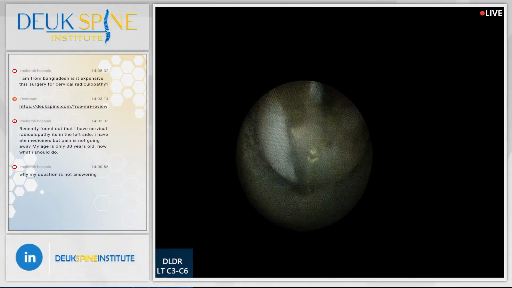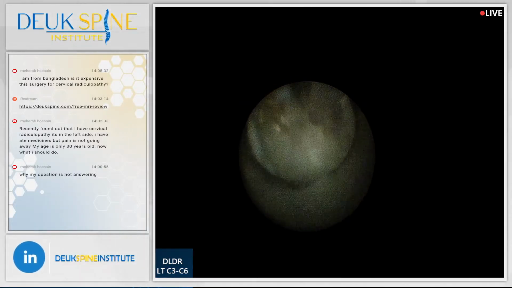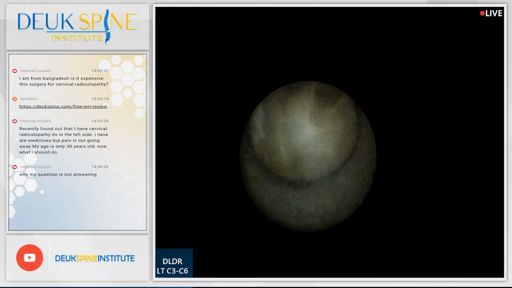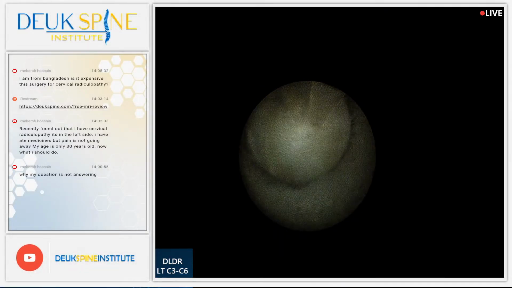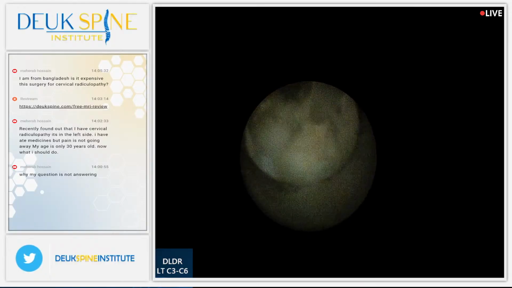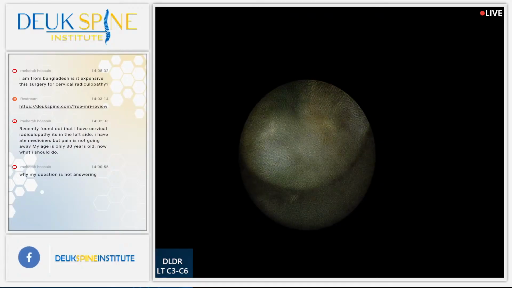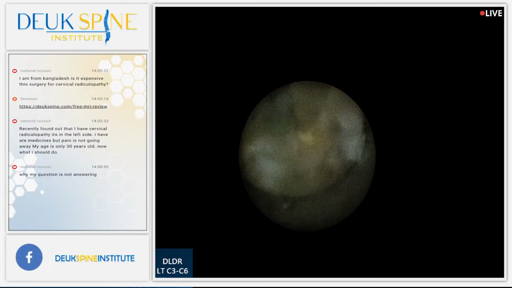But in America, any spine surgery is expensive. The equipment needed, the staff, the training, the supplies, all the people here working to take care of the patients, it's all very expensive.